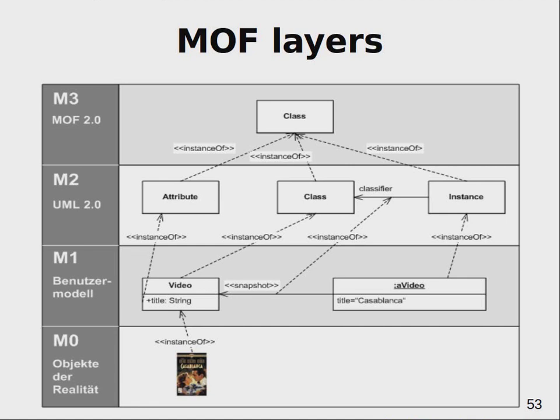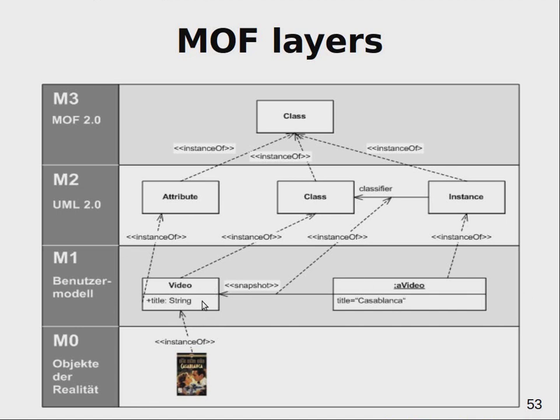But if you automate it and create a computer system, software in a computer, then you create a different model. So you create, for example, an entry in your objects, like a particular video object with a title like Casablanca movie. And so that is your entry inside your running system.